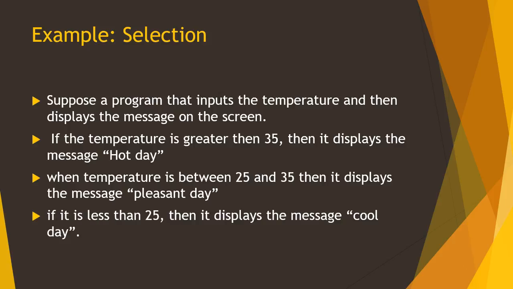If it is less than 25, then it displays the message cool day. As you have observed in this example, we are displaying the message based on the condition. If the condition is true, then the specific message that is connected to the specific condition will be displayed.